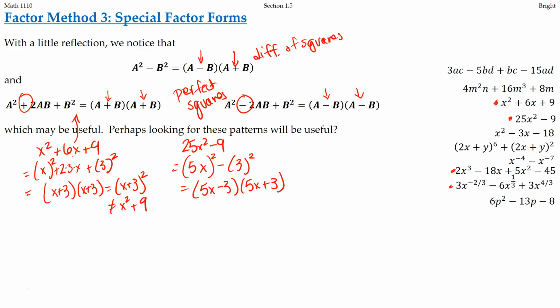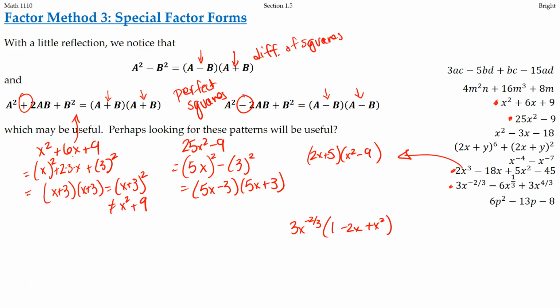Okay, these next two, we've seen these before. Like this one, I believe we ended up getting 2x plus 5, and then x squared minus 9. I'm just going to jot these down, and then this other one, we ended up getting 3x to the negative 2/3, and then 1 minus 2x plus x squared.